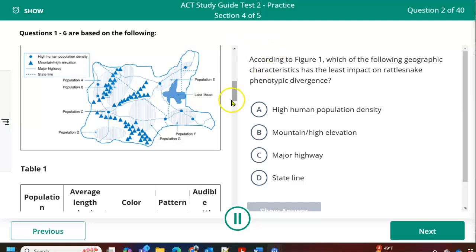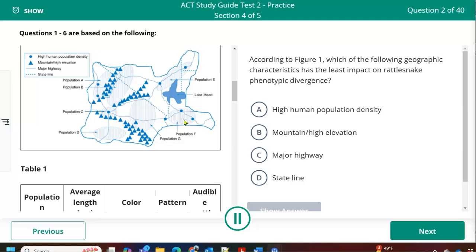Now, where are the populations? All right, so we have A and B, which are separated by mountains. We have C, D, again, separated by mountains. G separated by mountains. F.